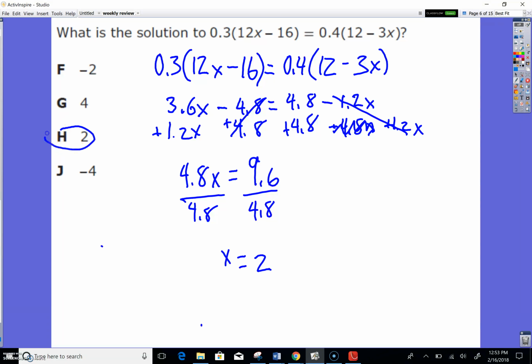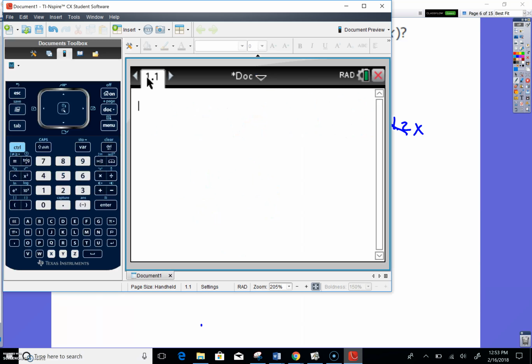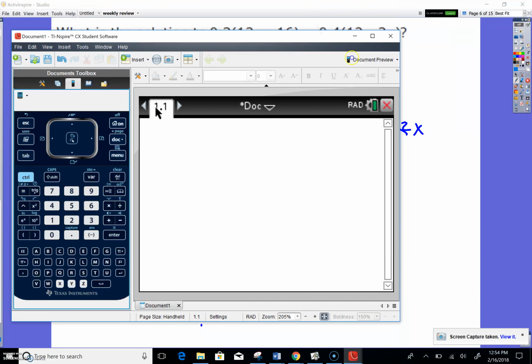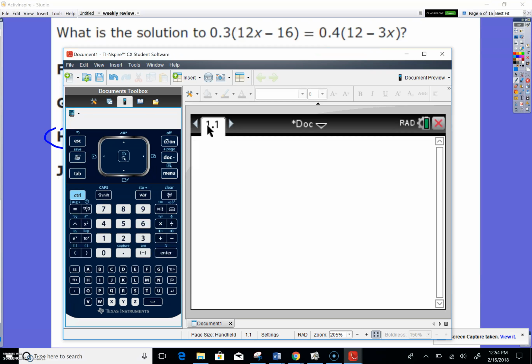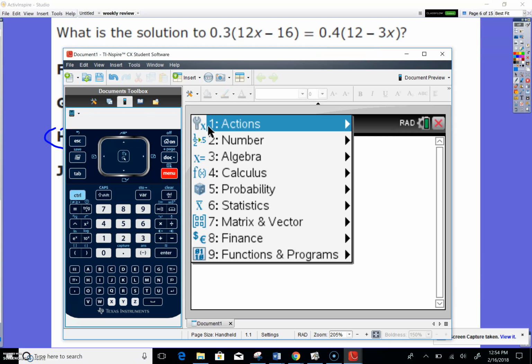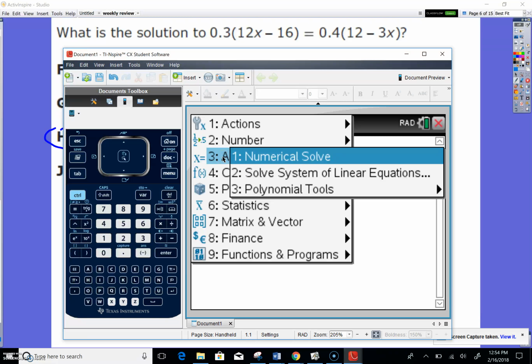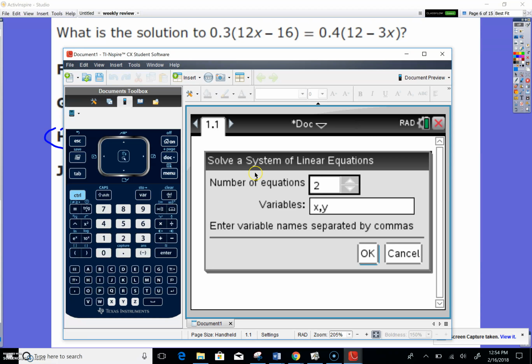Now, if you don't know how to do all of that, you can always go to Menu, Algebra, Solve Systems. We don't want 2. We just want 1.